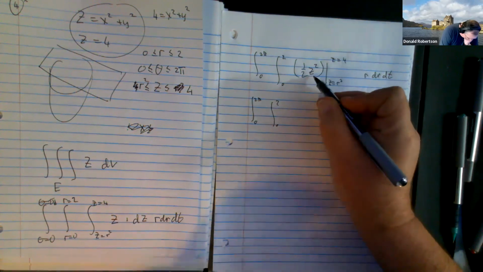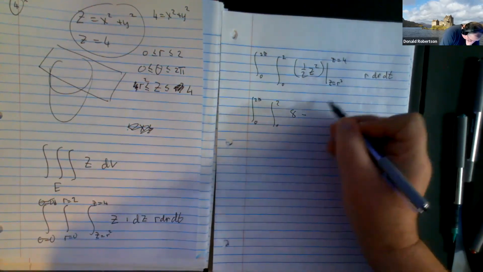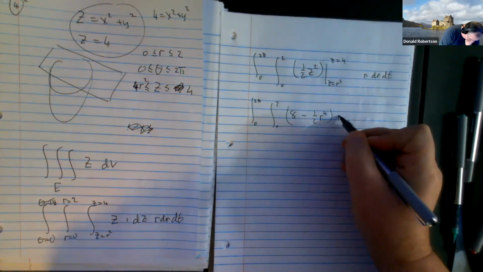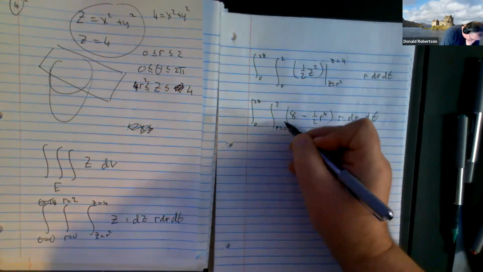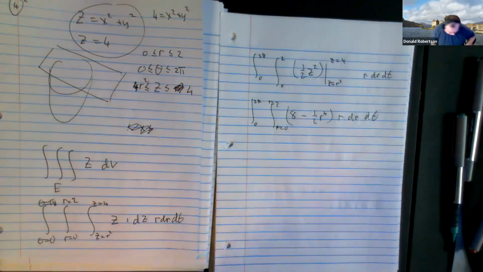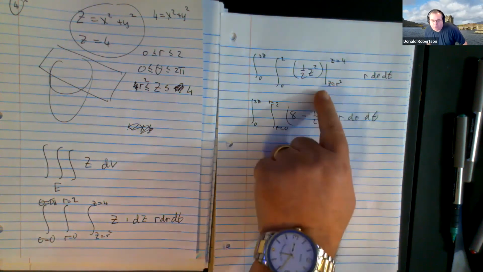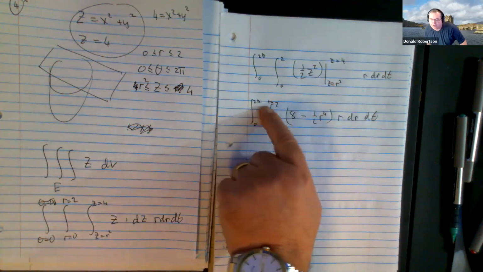If you plug in 4, you get 16, and a half of 16 is 8. Take away 1/2 r to the 4, r dr d theta. And that's going to go from r equals 0 to 2. Do you see everything's fine now? Won't it just be integrated with r and then finally integrate with theta? Agreed. Now, if I was really thinking about it, although I couldn't separate it when we did the triple integral, could I separate this double integral?